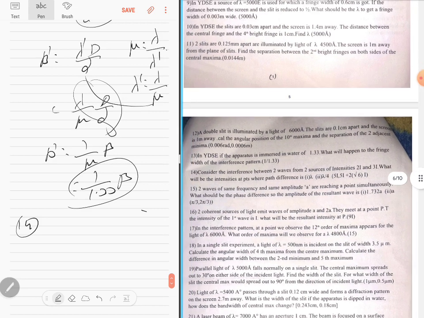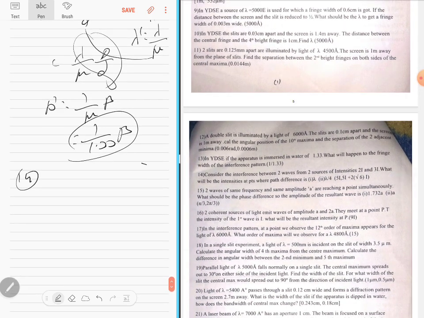Consider the interference between two waves from two sources of intensities 2I and 3I. What is the resultant intensity at points where the path difference is lambda? Path difference is lambda, so the phase difference is 2 pi.